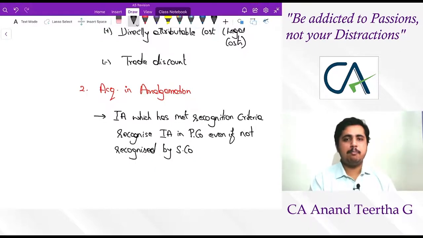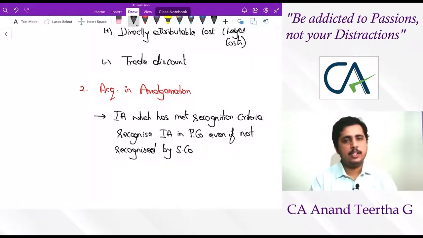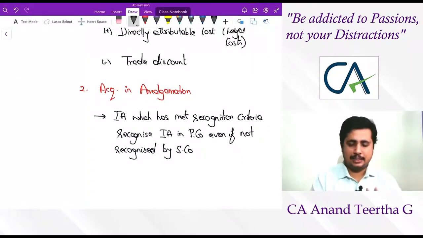But when the purchasing company is purchasing the selling company, at that time this patent came into limelight. Now the purchasing company is acquiring that patent also. First, whether the patent meets the recognition criteria, the answer is yes. Even though the selling company did not recognize it in the books, the purchasing company can still recognize this intangible asset because it meets recognition criteria separately. It could be valued. Then in those cases, you can recognize the intangible asset.